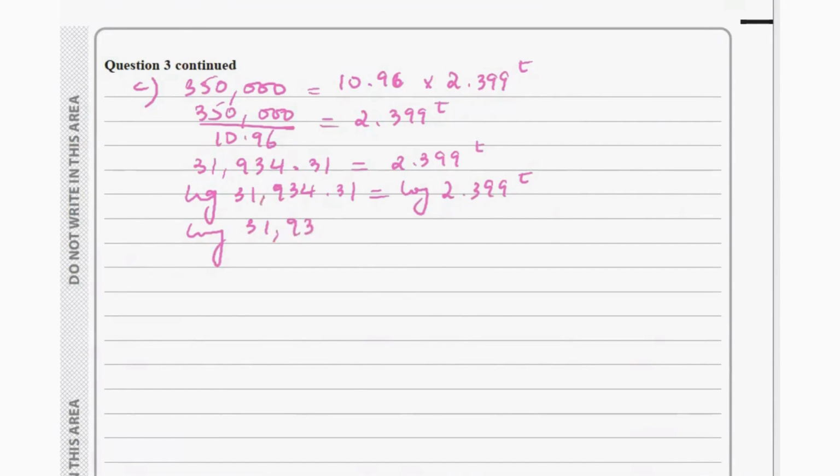This is a comma, not a decimal. So t times log of 2.399. Now we divide the two.